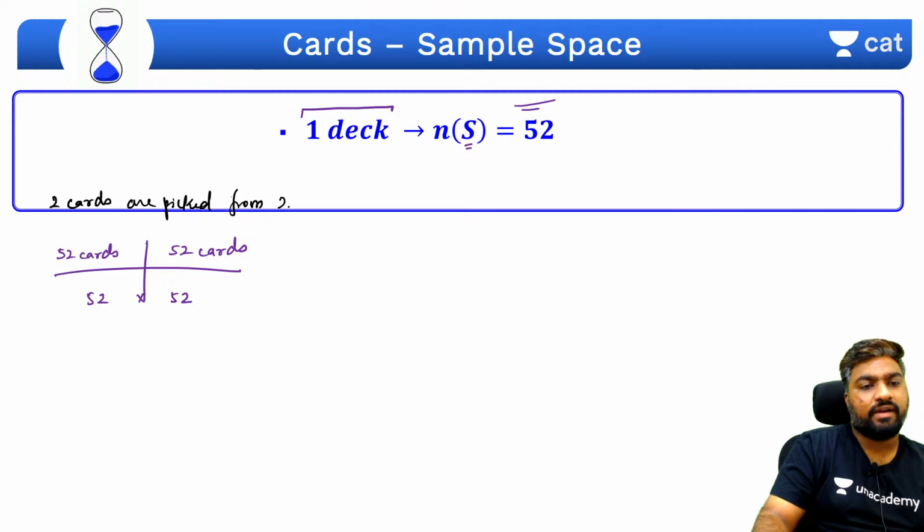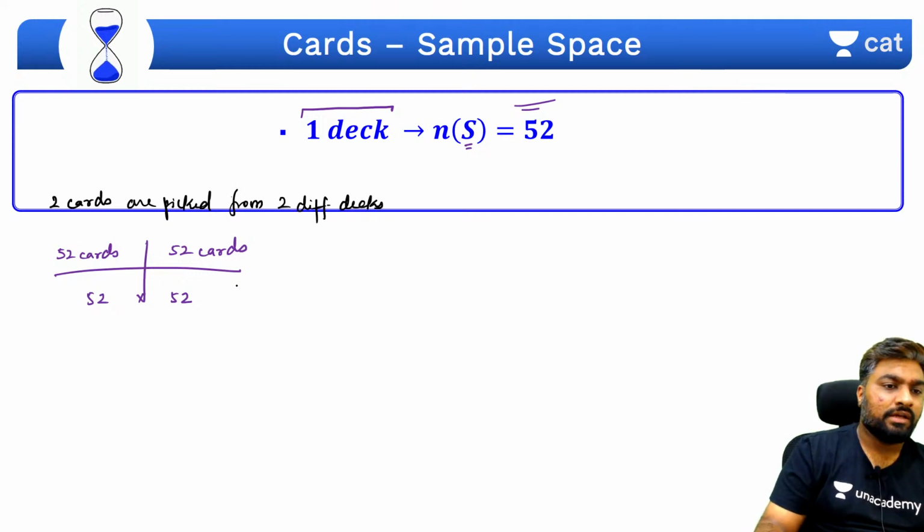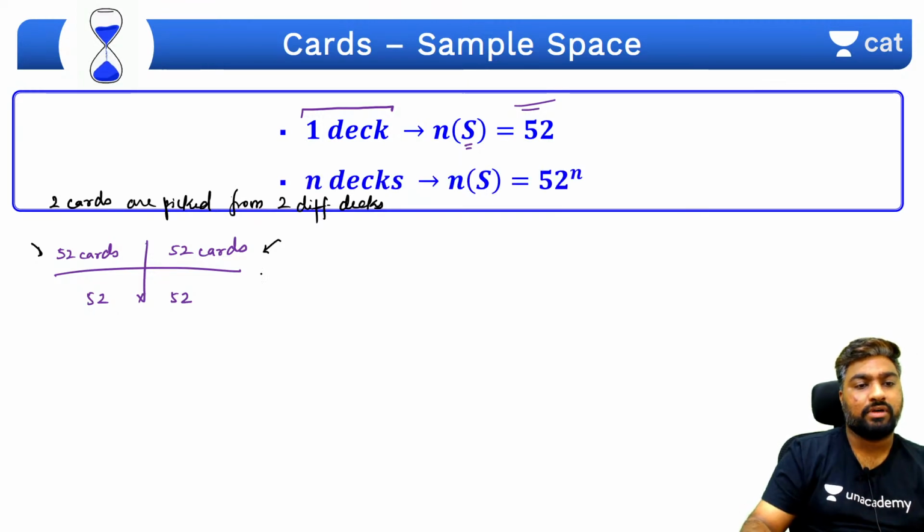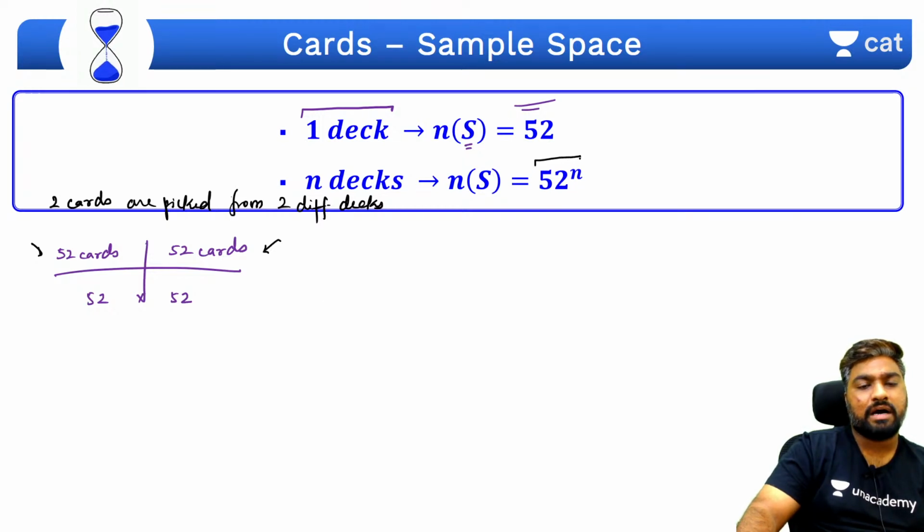That means 1 card from here, 1 card from here. Then there will be 52 into 52, 52 squared elements in the sample space, right? So like that, if there are n decks, 52, 52, 52, 52, then there will be 52 to the power n terms in the sample space.